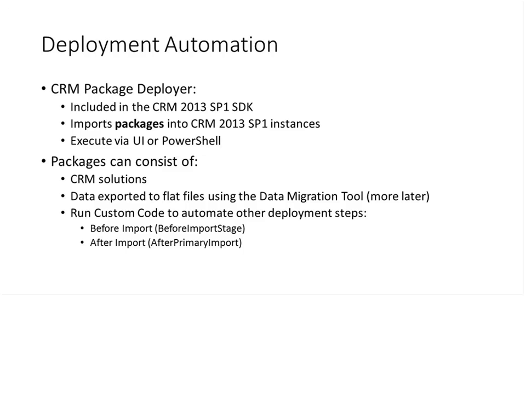In addition to these capabilities within your packages, you can also include and automate other deployment steps. There's an extension point before we import and after an import where you can add custom steps that you can connect to your target environment, and through the organization service make whatever configuration changes you may need to make.